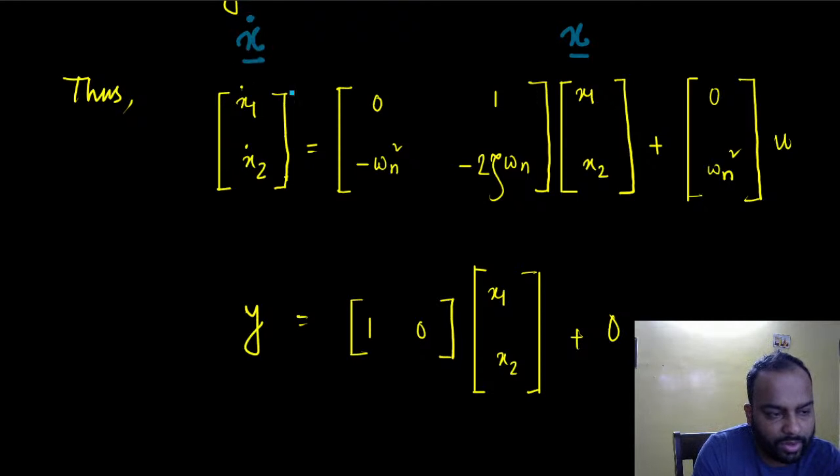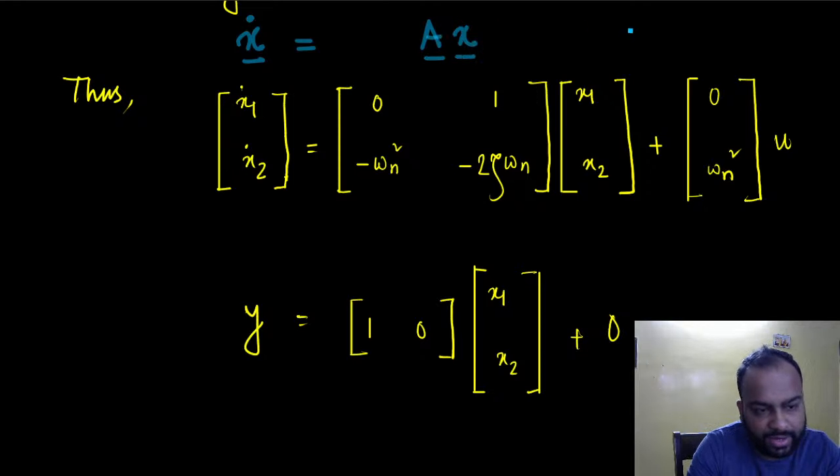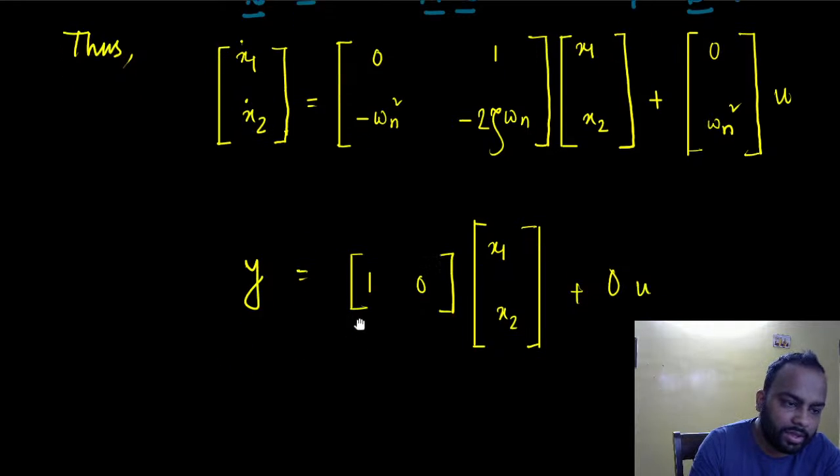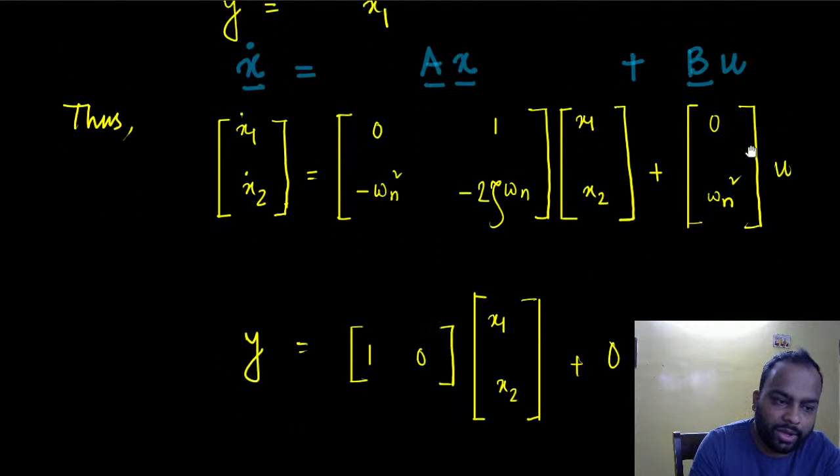This is equal to matrix A, this entire thing is matrix A, times the state vector, plus matrix B times u. Again, u is a scalar quantity because it's a single input.